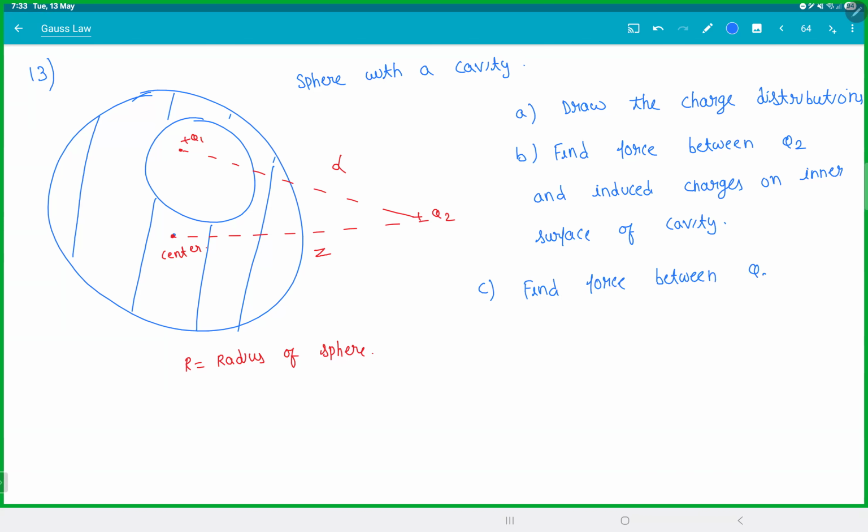Find force between Q2 and the conductor. Find potential at the center. And let's say you have taken a point A here. A is a point on the surface. Let's get them all. Let's start from the first one. Draw the charge distribution. Then we will take it one at a time. This is how questions will be framed in Gauss law.